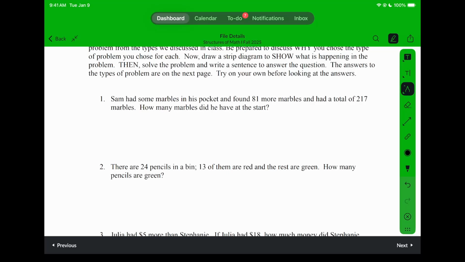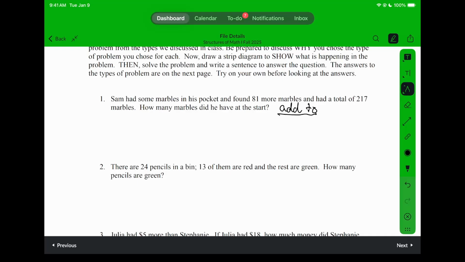So just looking at what is happening in the problem. Sam has marbles and he finds 81 more, and now he has a total of 217. So he has marbles and he found more, so he's adding to his total. So that is going to be your type of problem for this one. Add to.